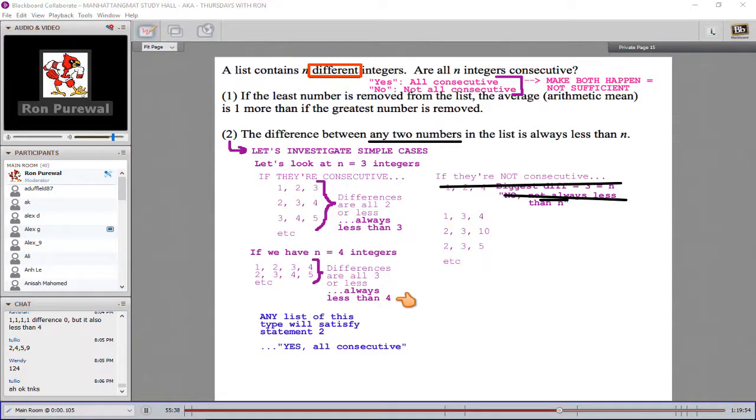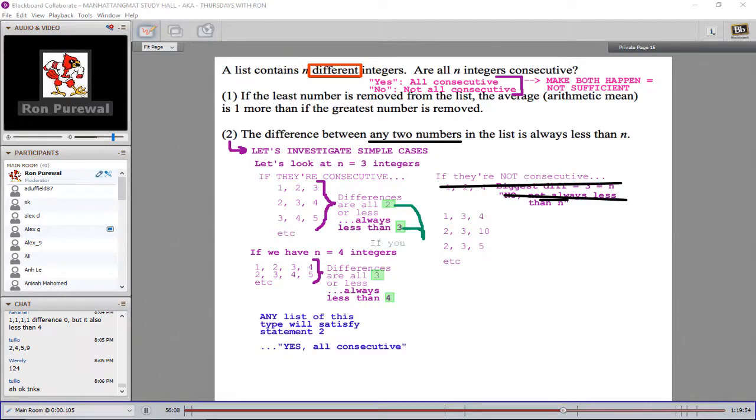You don't really have any room to spare here. Look at these relationships. If you got your eyes open and you're paying attention, you're going to realize that you're not going to be able to do this with any integers that are not consecutive. You have no room to move here. If you spread those integers any farther apart, then you're going to have a difference that equals n.